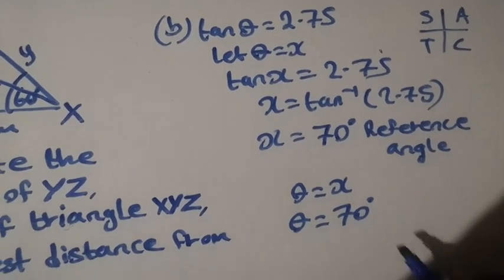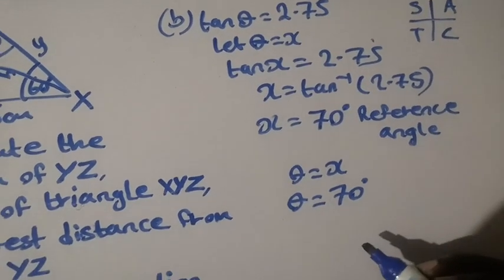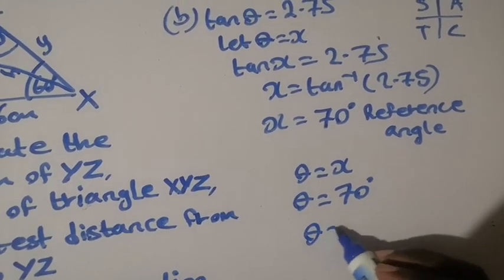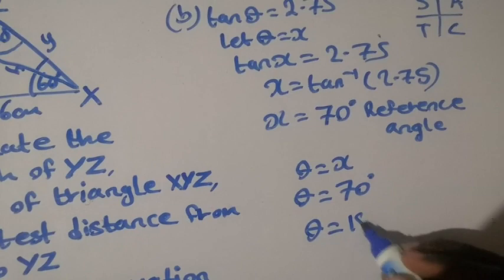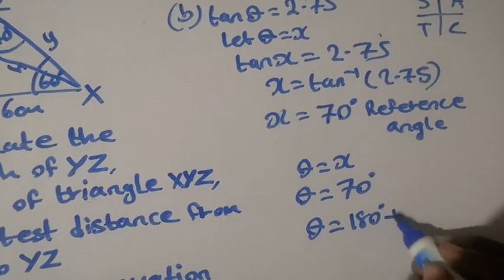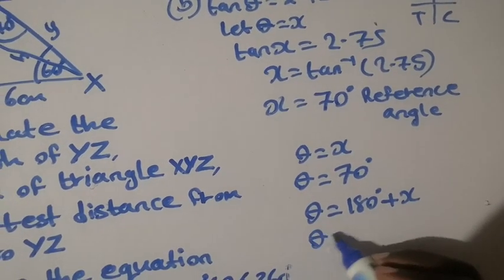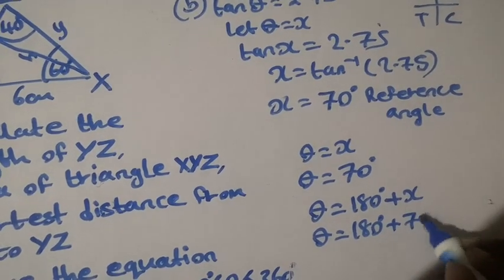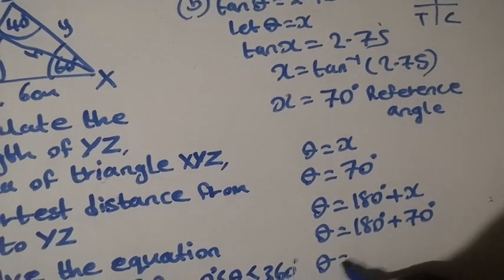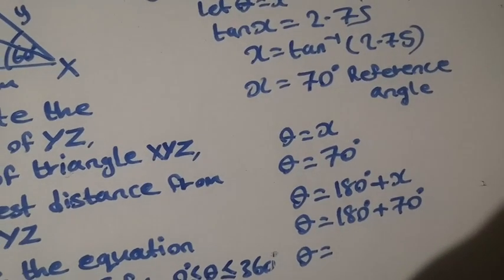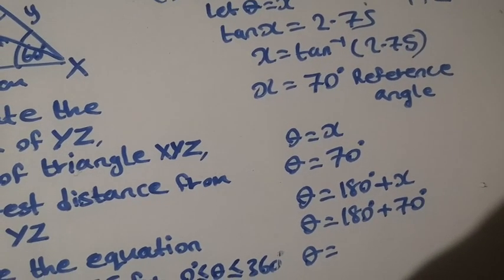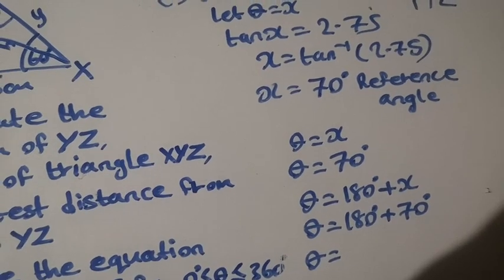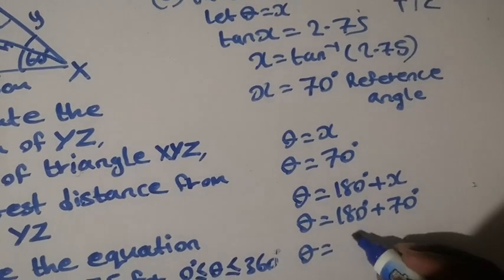Then for the second angle, we consider the equation in the third quadrant: theta equals 180 degrees plus the reference angle, which is 180 degrees plus 70 degrees, which is equal to 250 degrees.